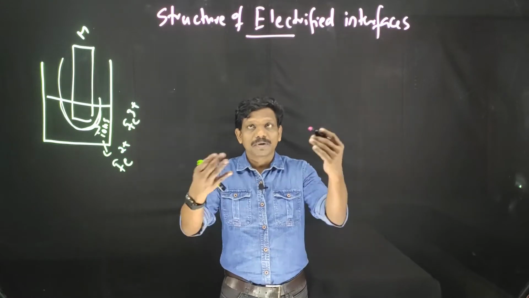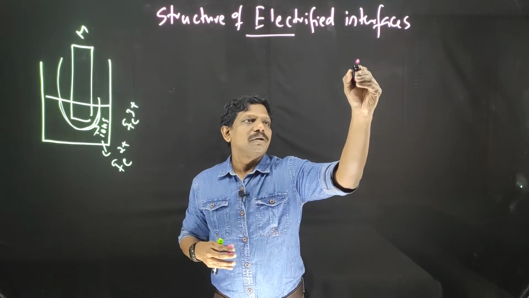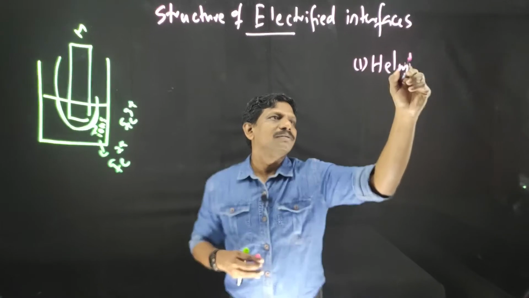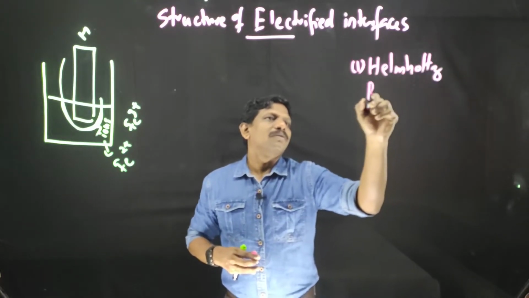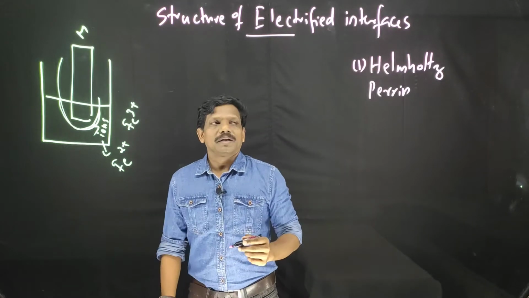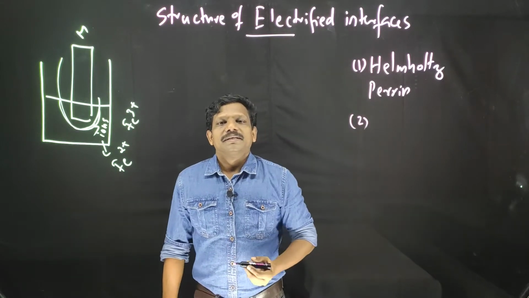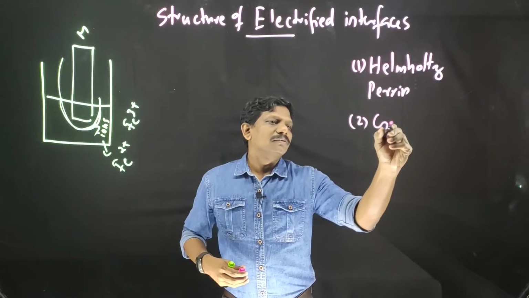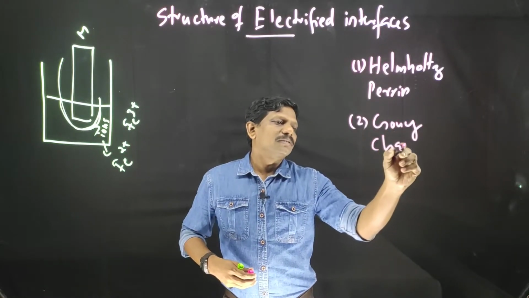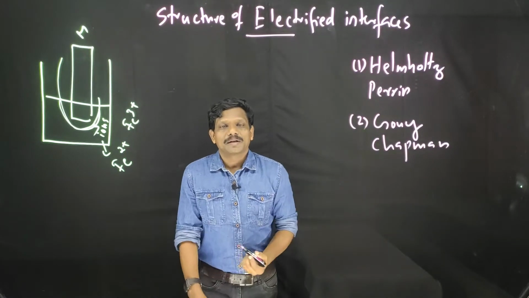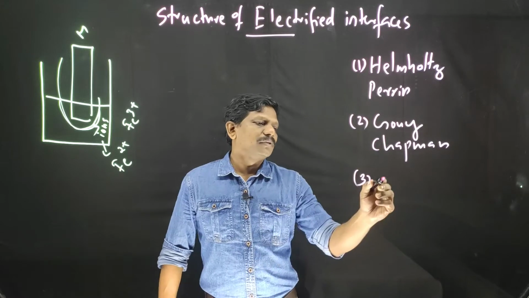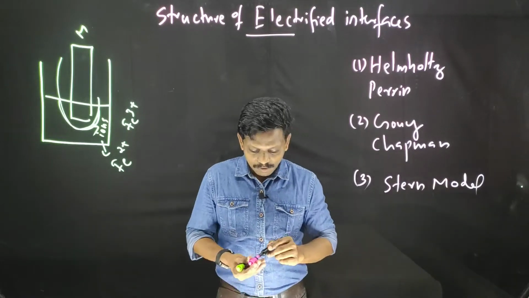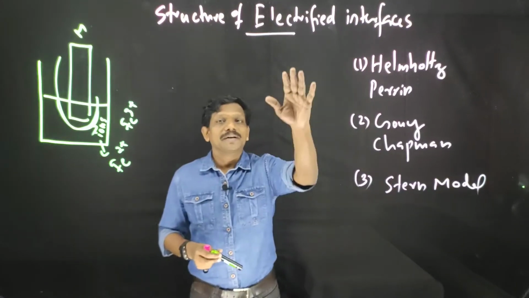One is known as the Helmholtz-Perrin model, and the second model is an improved model, known as the Gouy-Chapman model, and the third one is the mostly accepted model, the Stern model, for explaining electrified interfaces.